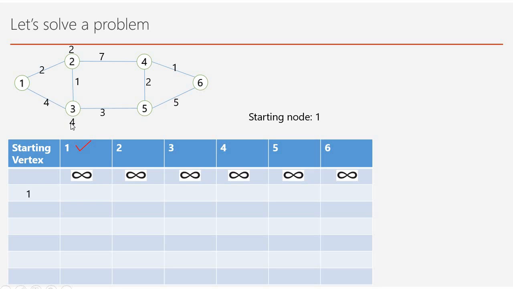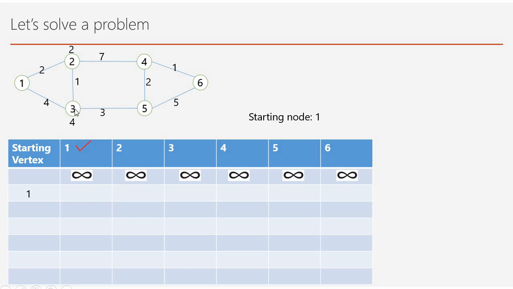I am updating that because previously all are initialized to infinity. Since node 2 had infinity previously, but it can be reached with weight 2 from node 1, and since 2 is lesser than the previous value infinity, I am calculating and updating the value 2 to node 2.